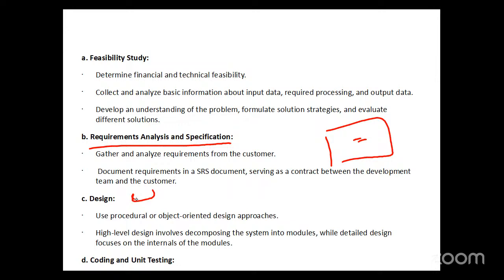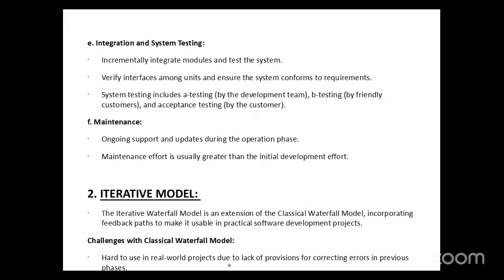Then after the design is finished, that is, the customer is approving, then you are going for the coding and testing. Then you are going for your integration and system testing, and then finally you will be going for the maintenance. So starting from the requirements gathering till the deployment, you have various stages, that is various steps to be followed to complete your project.